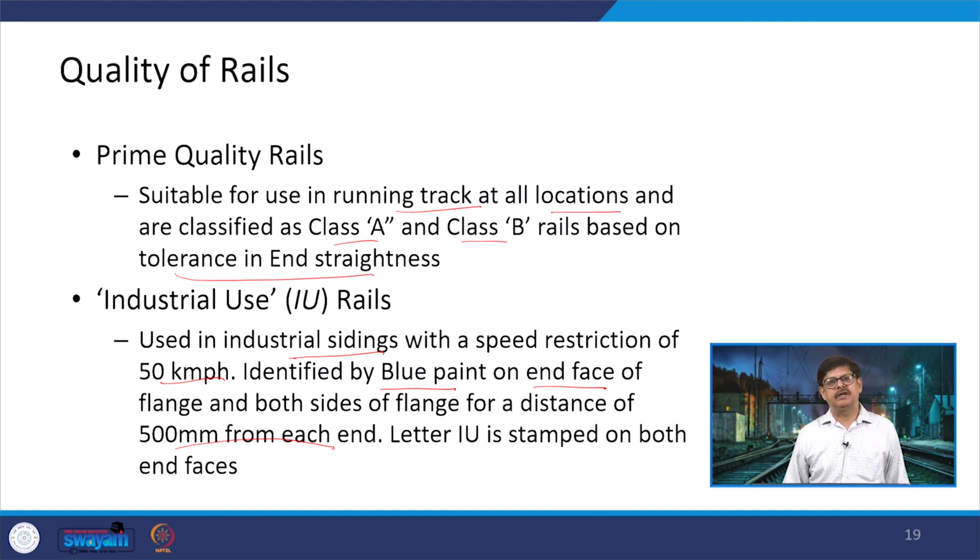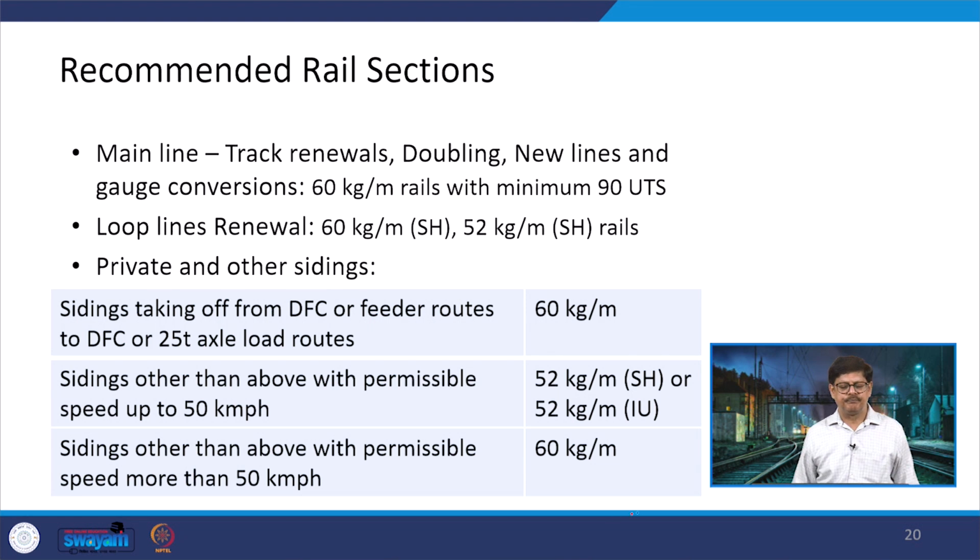Another thing which is done is that the letters IU are stamped on both end faces. Okay, so their stamping is going to be there. Now, there are certain rail sections which are recommended for use on Indian Railways depending on where they have to be used, and that is what is being discussed here.